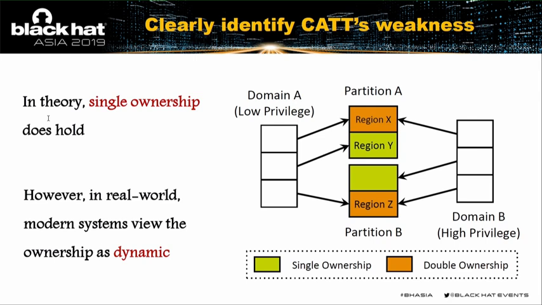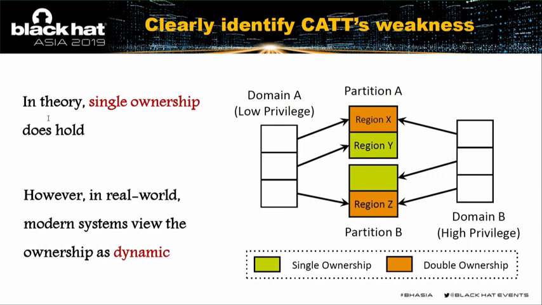If the user domain wants to perform a direct I/O write operation, the kernel domain will allocate region X for the user domain to process data. At this moment, region X has just one owner, the user domain. But when the kernel domain accesses region X to copy data into a device, the ownership of region X is converted into double. That's where double ownership comes from.